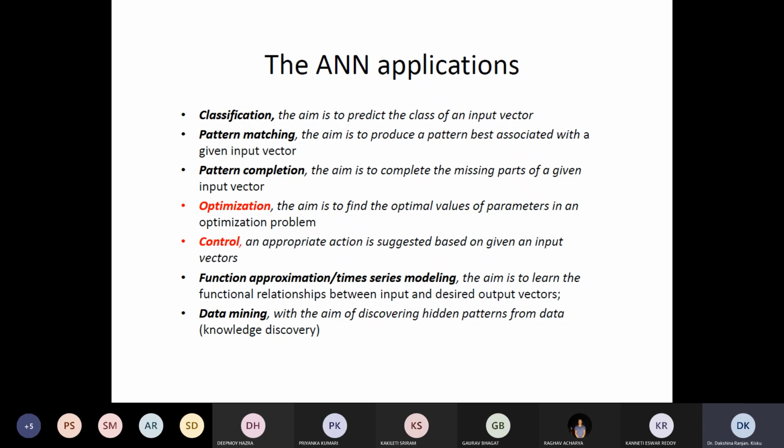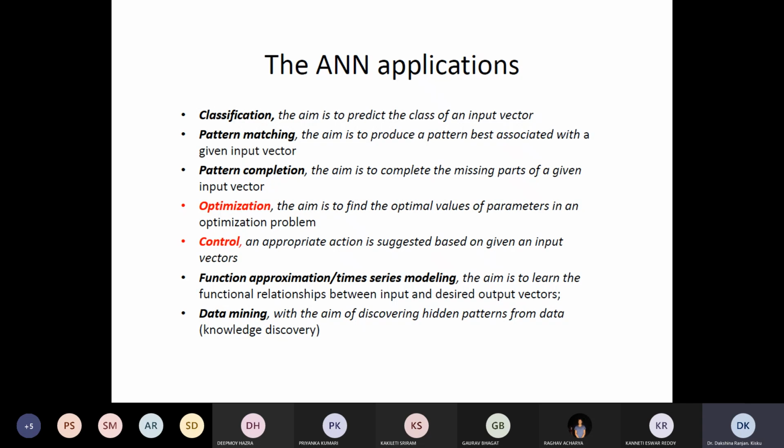Then we can apply artificial neural network for function approximation or time series modeling. When we apply the artificial neural network in function approximation, we can learn the functional relationships between input and desired output vectors.